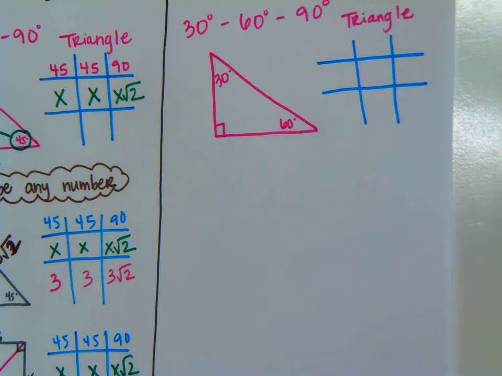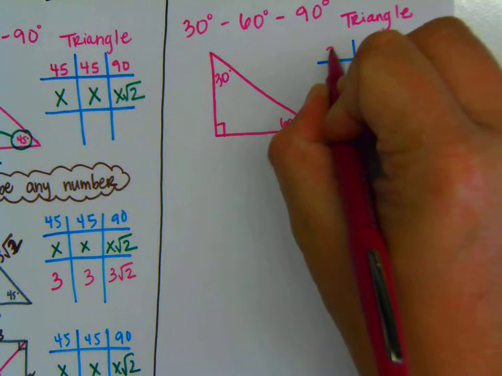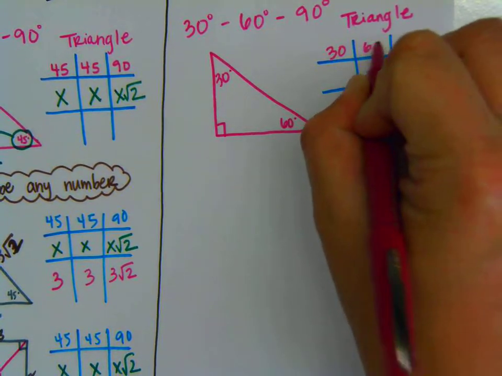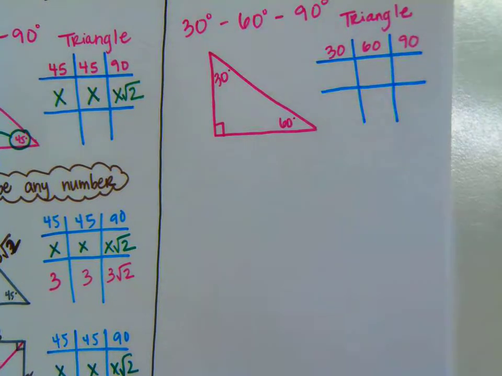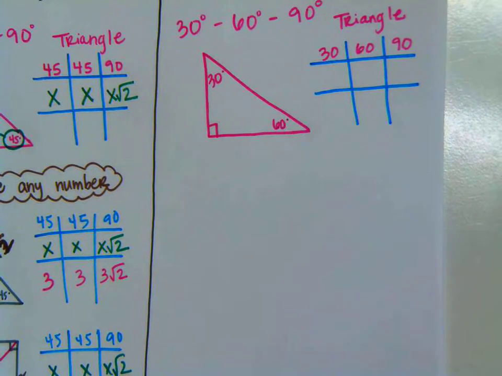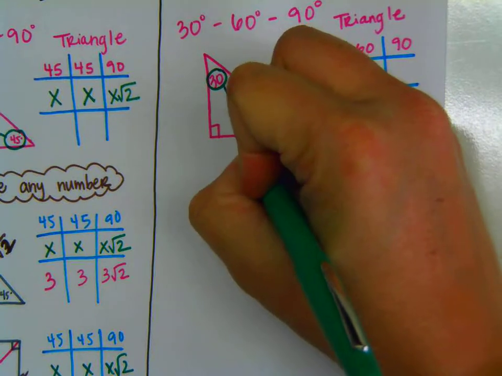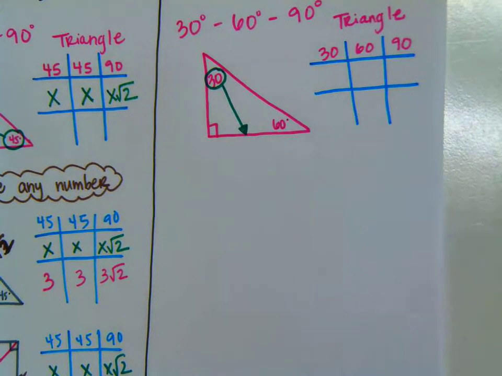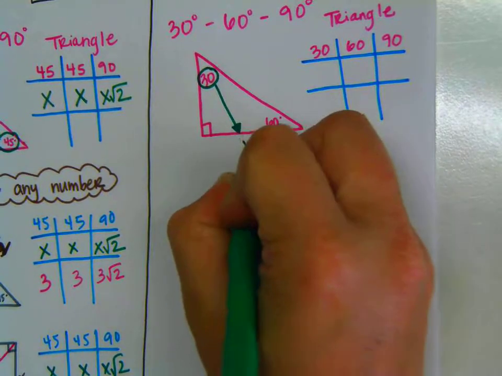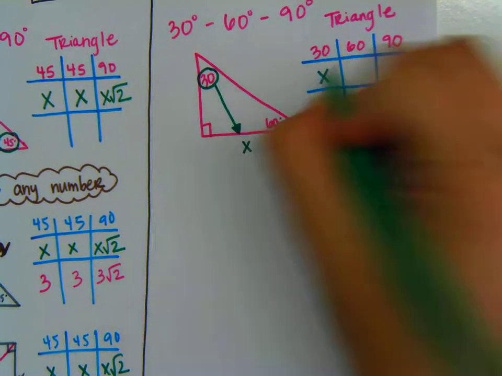Okay, so we have 30, 60, 90. That goes in the top. Across from the 30 is going to be X, so we put an X there.